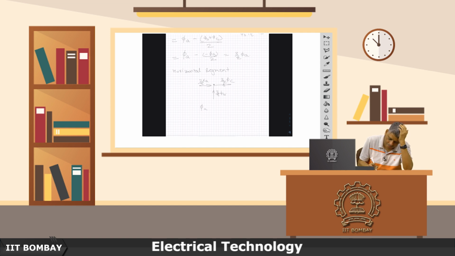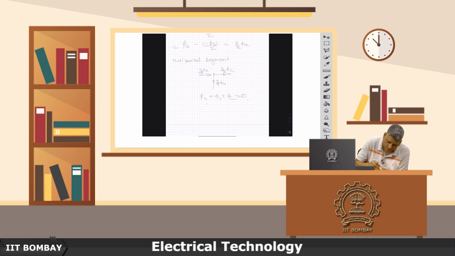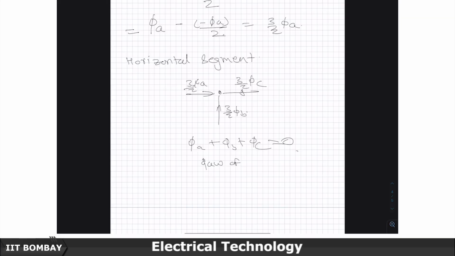But what is phi a plus phi b plus phi c? It is equal to 0. So, therefore, your law of conservation of flow, the equivalent of conservation of flux, the equivalent of your KCL, is satisfied.